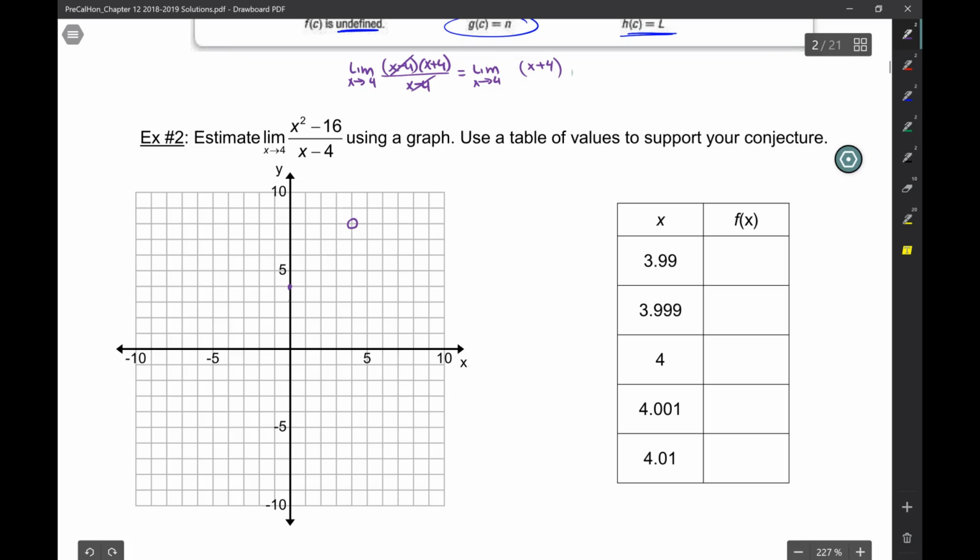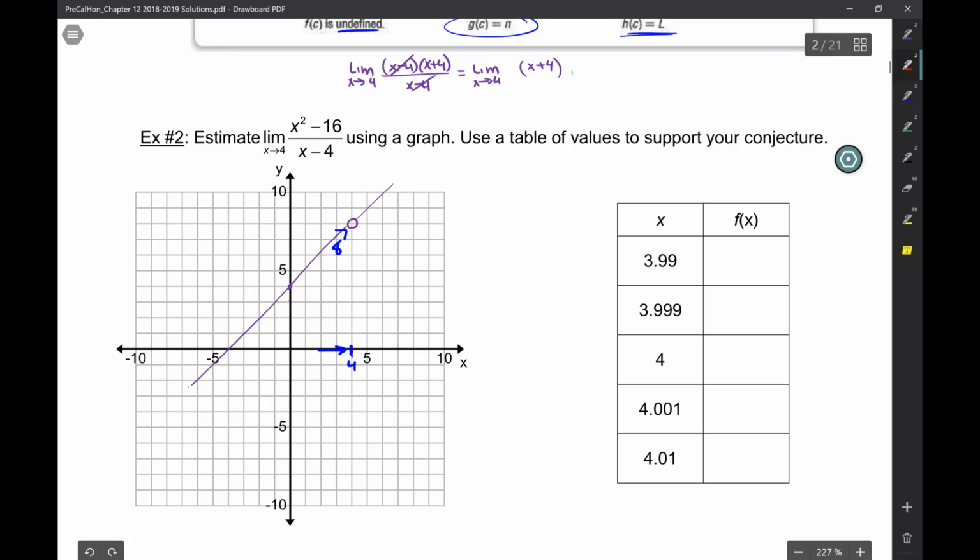Sorry. All right. So, what's the limit as x approaches 4? As I'm approaching 4 from the left-hand side, where is my graph going? 8. To 8. Okay?